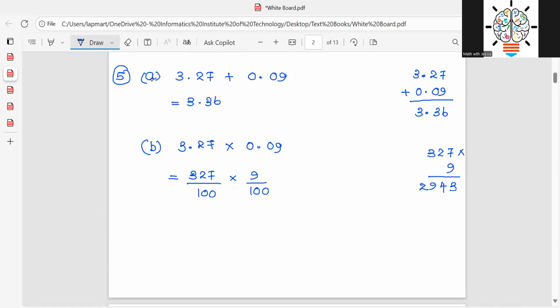So then the 327, when you multiply by 9, 2943. So then here I write 2,943, and you divide this by 10,000. The final answer 0.2943, right? So that is one method to do.